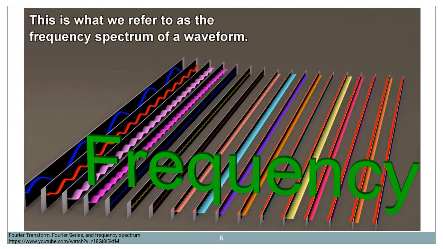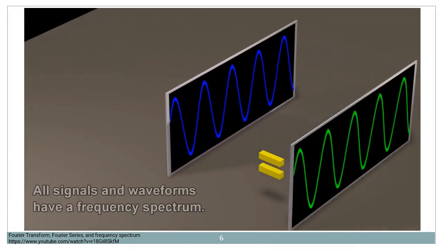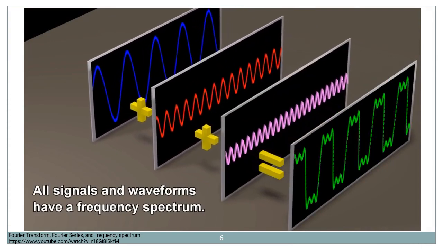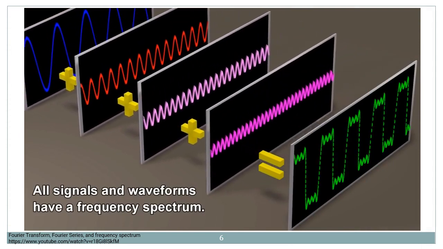This is what we refer to as the frequency spectrum of a waveform. All signals and waveforms have a frequency spectrum.